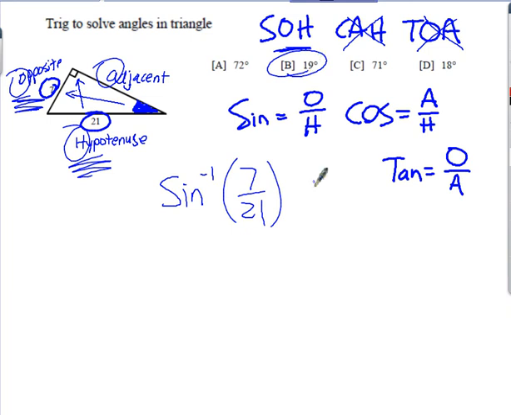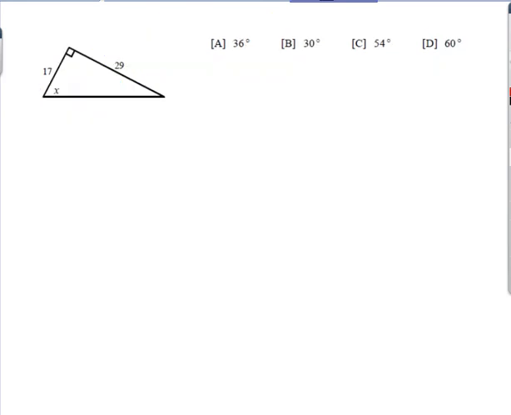Okay, let's take a look. Now here's one, again, where here's our reference angle. So let's start labeling. You remember I said if you've got the right angle symbol, directly across from that is the hypotenuse. You notice the hypotenuse is not given, so when you look at your SOHCAHTOA, well, hypotenuse is used in sine and cosine, so those are out, so we're going to go with the tangent function.